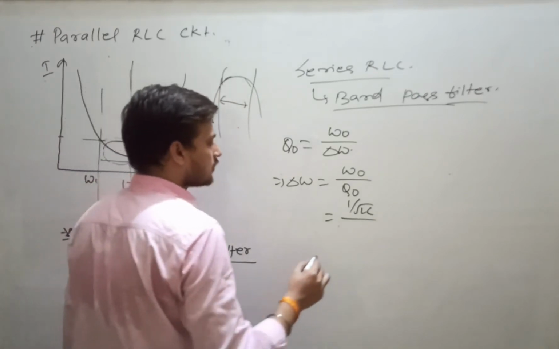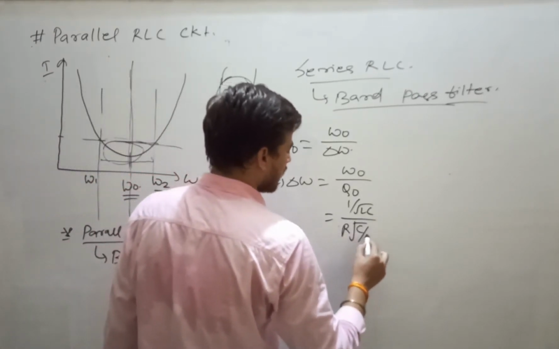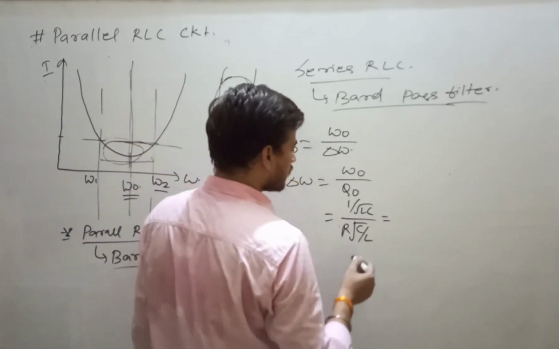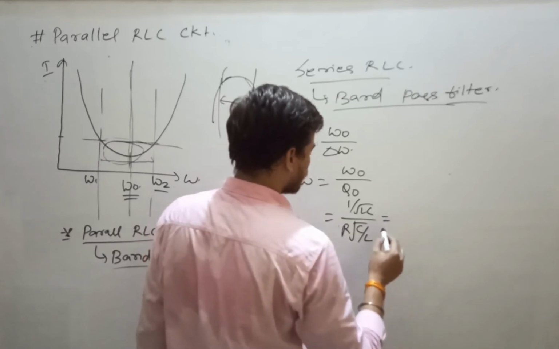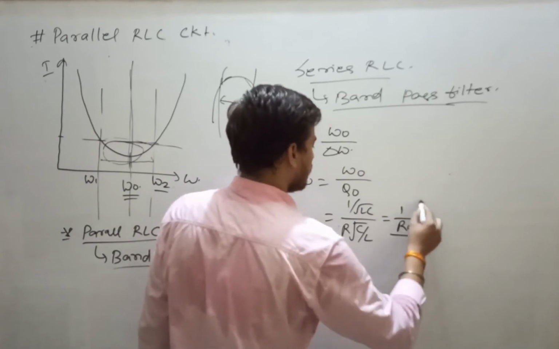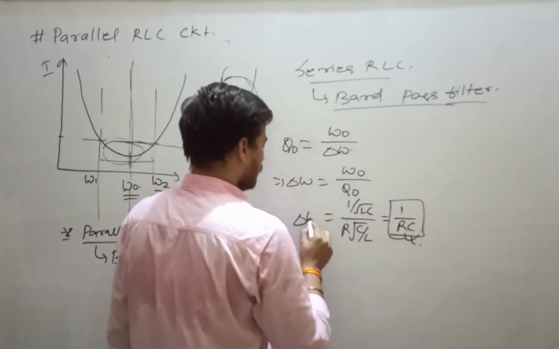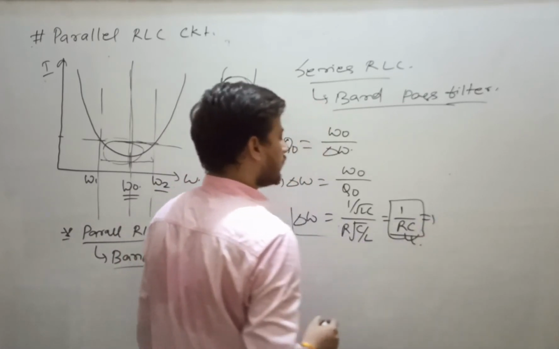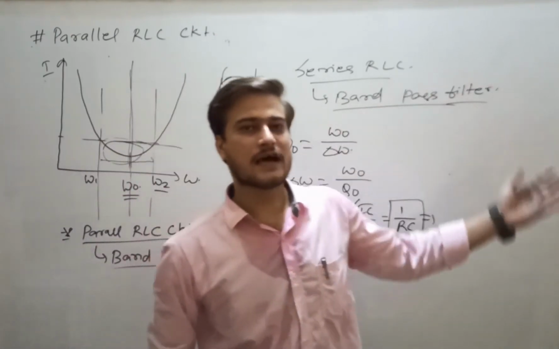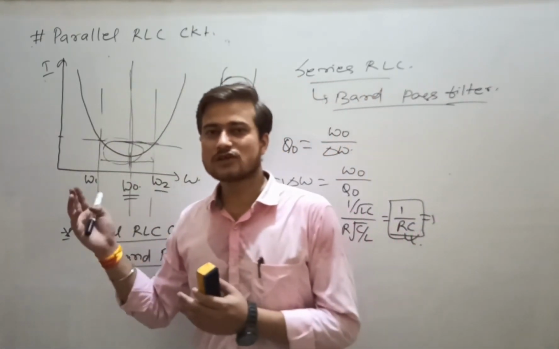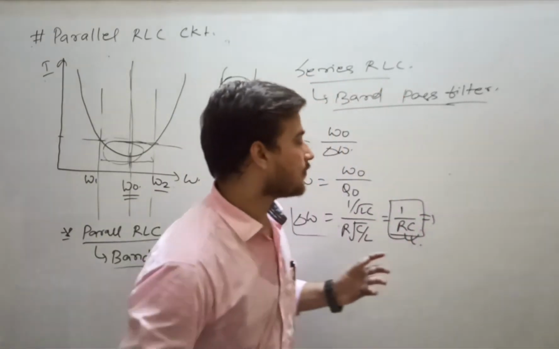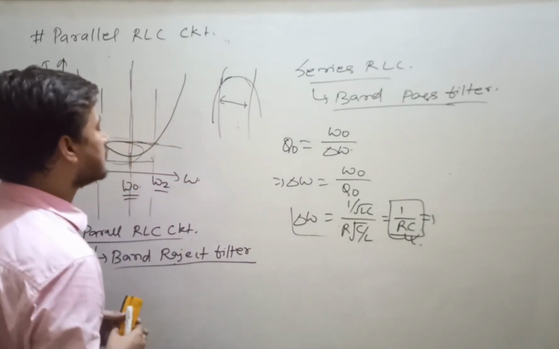Q naught is equal to R under root C by L. So from here under root L will be cancelled out, and it is coming 1 upon RC. Here the bandwidth is 1 upon RC, that means the reverse of the time constant of the RC circuit. In the case of series RLC circuit, the bandwidth is the reverse of the time constant of the series RL circuit. Here it is the reverse of the time constant of the series RC circuit. Clear?